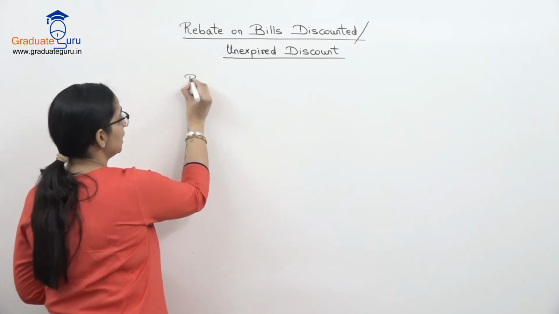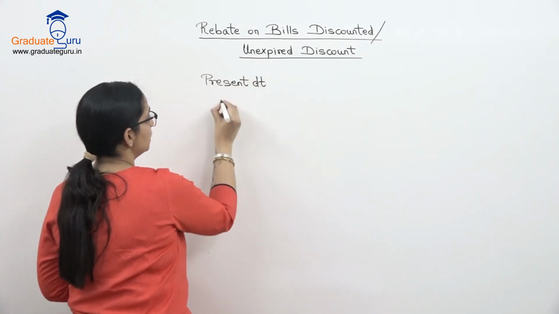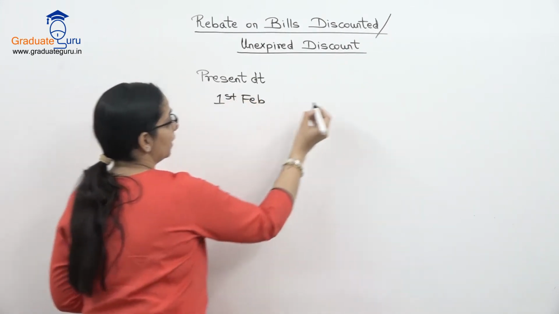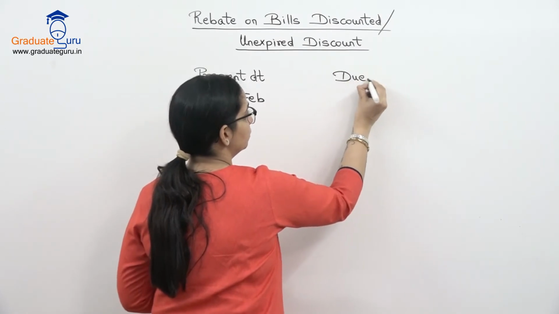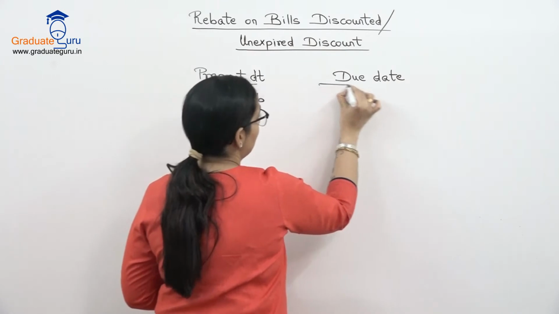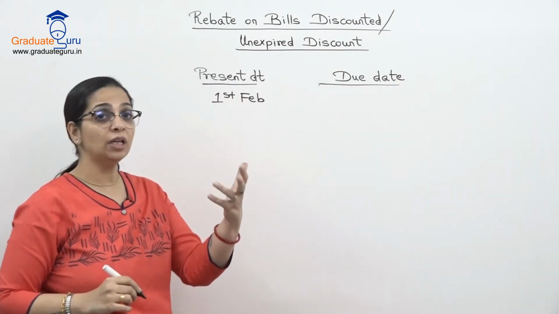So let me write it down for you. The present date is say 1st of Feb. But the due date of the bill, technically when we count the due date, we add the number of months and we add 3 days to it.